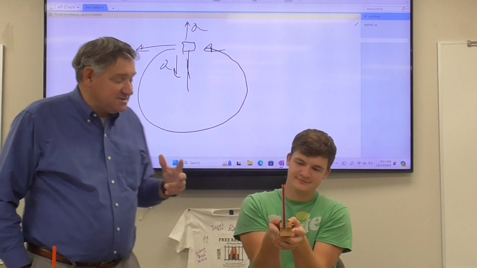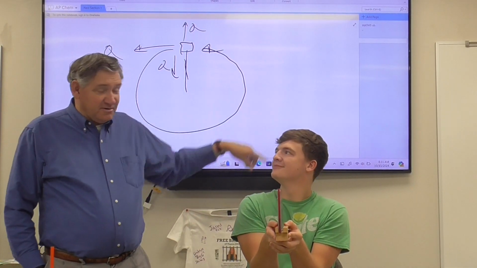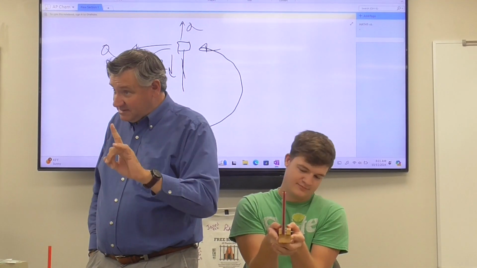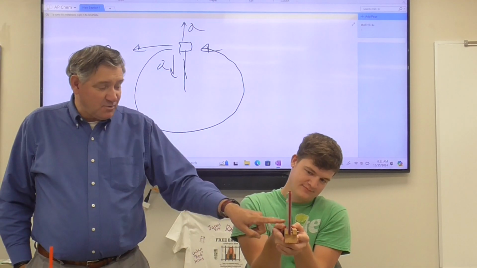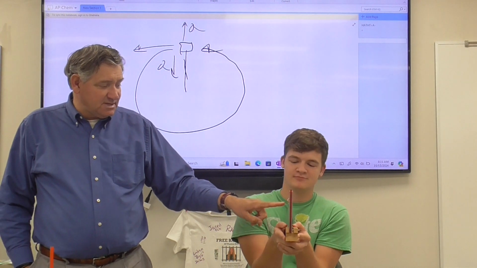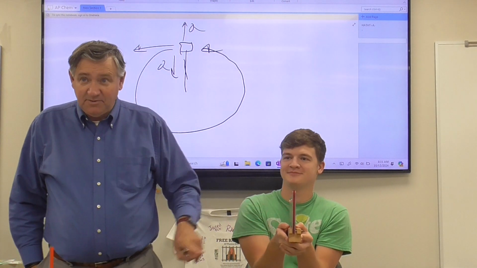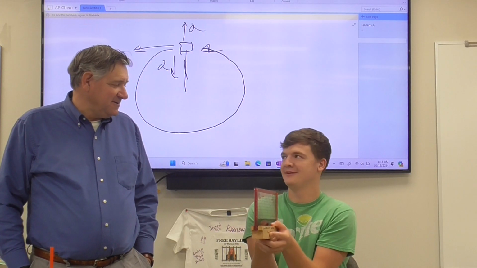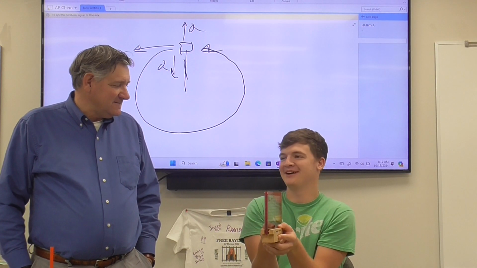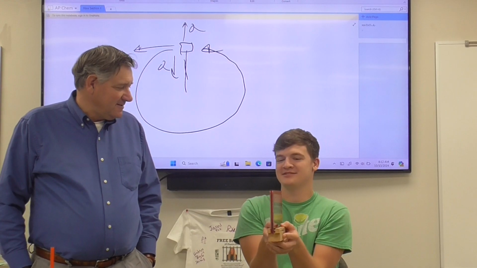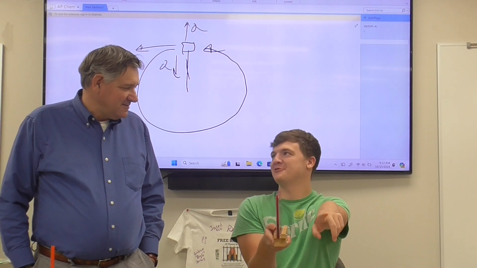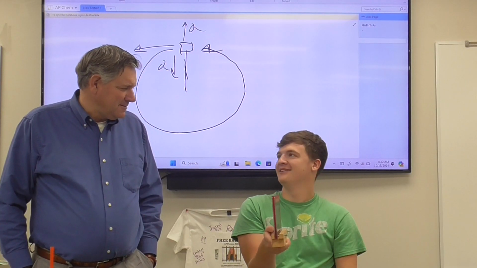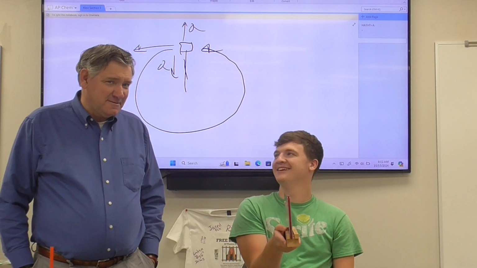So here's my question. I'm gonna spin Cohen around in a circle. If you're right that it is accelerating, either the water level is going to move towards the inside or towards the outside. It's gonna move towards the outside, right? Why? Because of centripetal force.